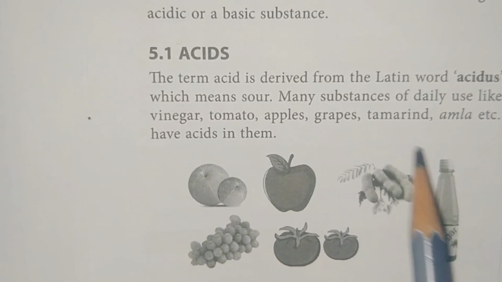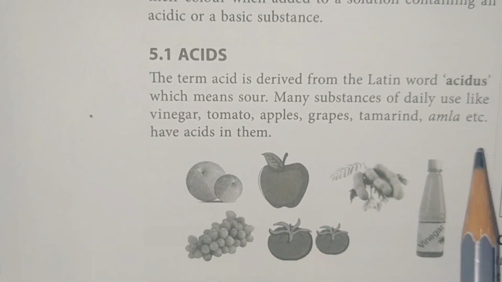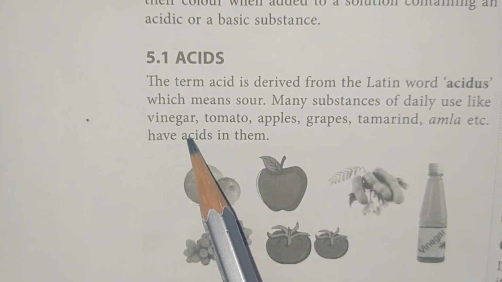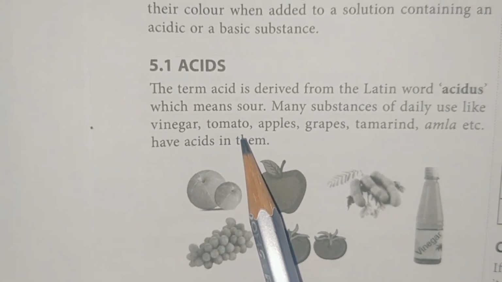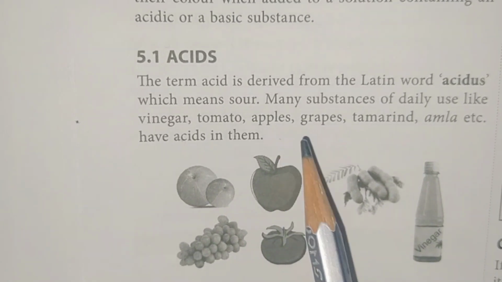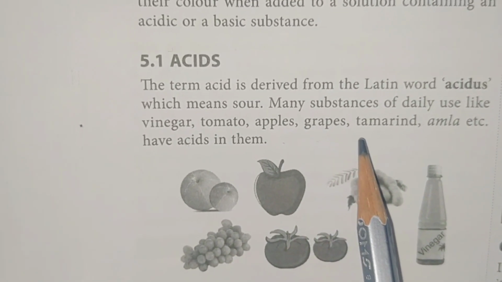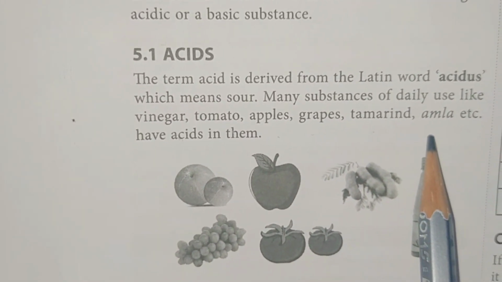All these examples concluded that these are acids as these are sour in taste, like vinegar which has acetic acid, tomato which has oxalic acid, apples malic acid, grapes tartaric acid, tamarind tartaric acid, amla citric acid.